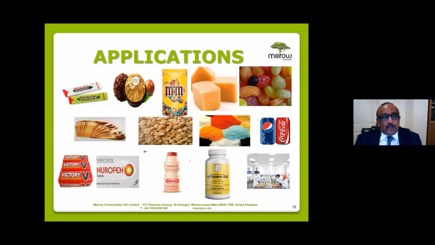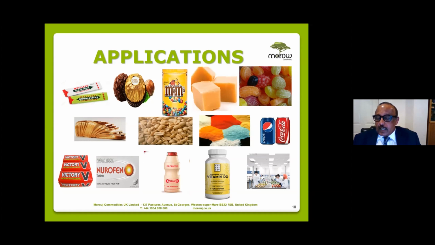In chewing gum, spray dried gum is used as a binder and to control the flavor release, making the flavor last longer in the mouth. Coca-Cola and Pepsi are famous products that use gum acacia or gum Arabic.